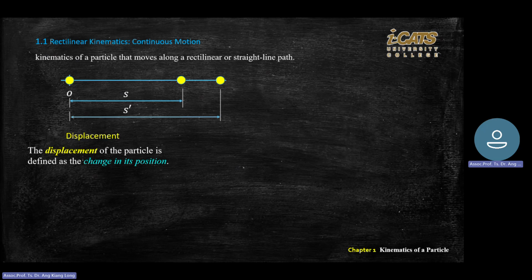You can label S0 for the origin, or S1 as the second position, the position after the starting motion, and so on, according to your diagram. But we start with a very simple notation first. So displacement is S prime minus S.